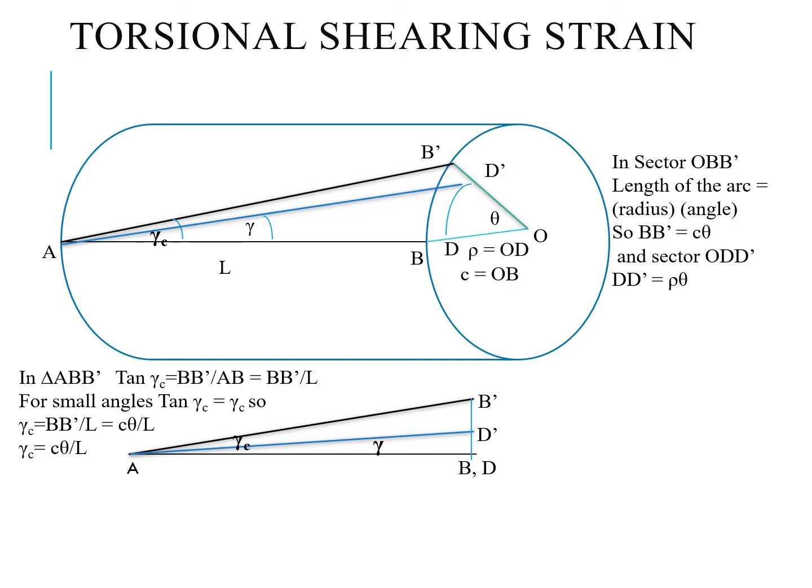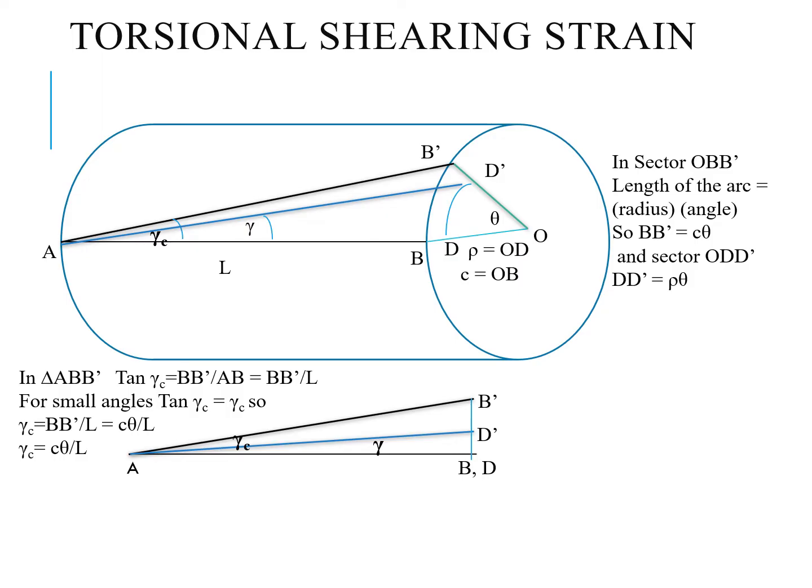If we observe the triangle ABB dash, tan gamma C will be equal to BB dash over AB, because BB dash is the perpendicular and AB is the base. That is BB dash over L, because AB is equal to L. Basically we are talking about metals, and for such metals this deformation is very small, and we know that for very small angles taken in radians, tan gamma C is equal to gamma C. I'm talking about radians, not degrees.